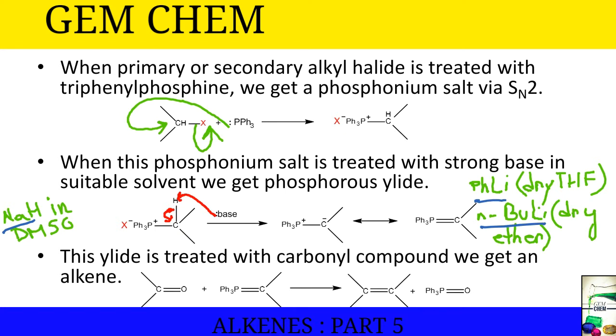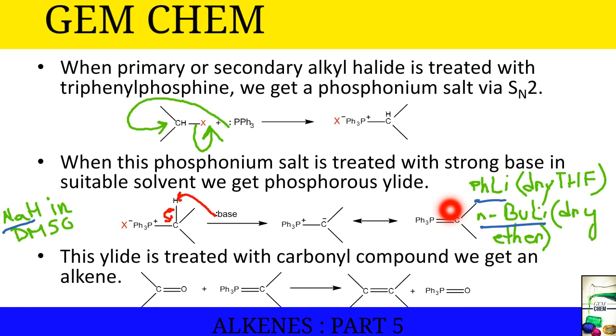Now see, this phosphorus ylide is also known as Wittig reagent, and it has certain stability. What are the causes of the stability? There are two opposite charges in close proximity, and there is vacant d orbital conjugation. D orbital conjugation is the reason for stability.